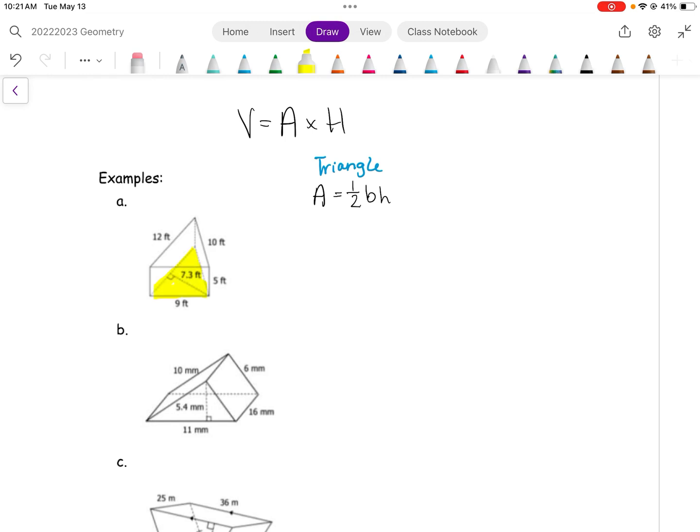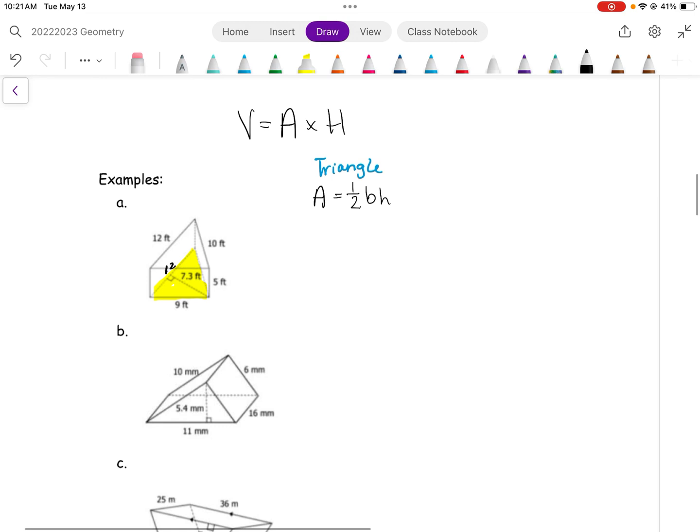Now remember, when I do 1/2 base times height, I want my base and height to meet at 90 degrees. So I'm not actually going to use that 9 as my base, because it does not meet at 90 degrees with my 7.3. However, I can use this 12 right here, that 12 feet. The 12 and the 7.3 do meet at 90.